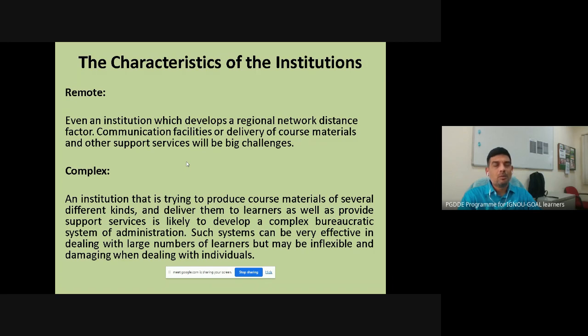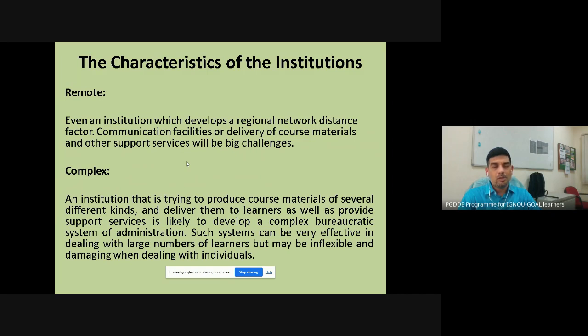This is a kind of complex system that any institution can be explained as. But some institutions have some remote type of structure, and they may be only providing support services from the headquarters, or they may have a student support center, or student support being provided only from the headquarters or through some technologies.